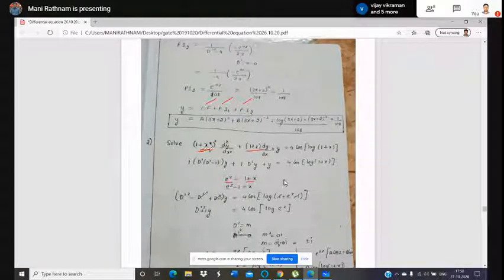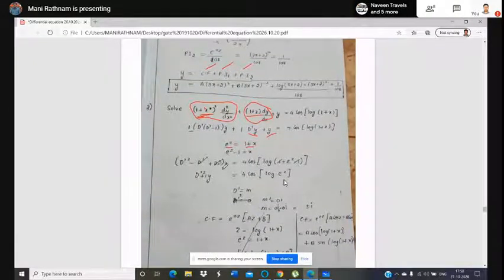And now substitute: (1 plus x) d by dx is nothing but D' of y. And this y keep as itself. And (1 plus x) whole square d square by dx square: the x coefficient is 1, so no need to represent a or a square value. So D' into D' minus 1 of y equal to 4 cos log of 1 plus x.